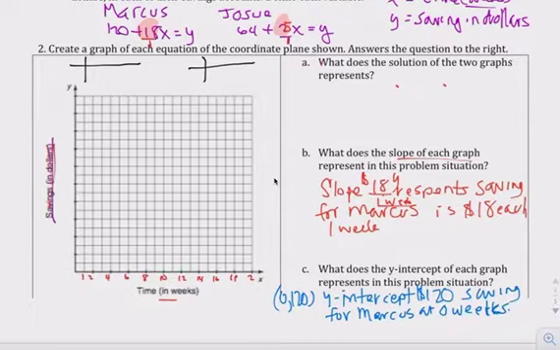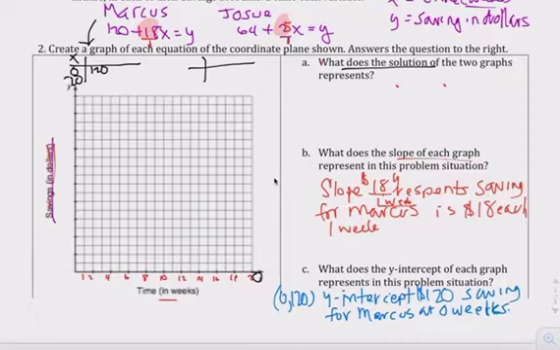So you need to find the intersection, when they are the same, because it's asking what the solution represents. So we need to find where they may intersect. We're going to estimate, okay? So x is 0 for Marcus. This is Marcus' graph. x is 0, y-intercept is at 120. Let's choose 20 here, our largest point.